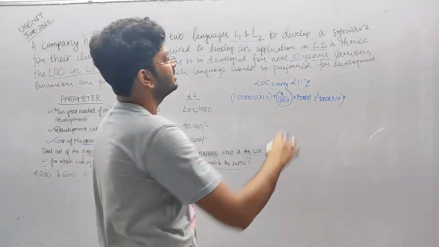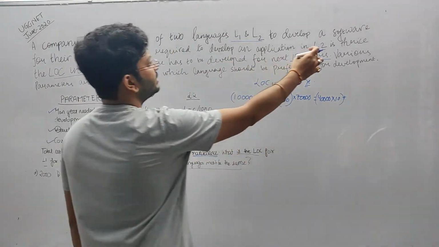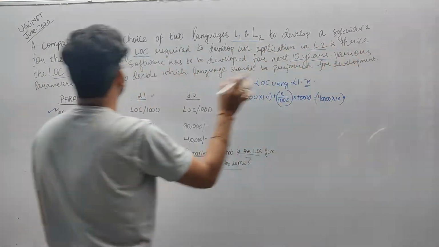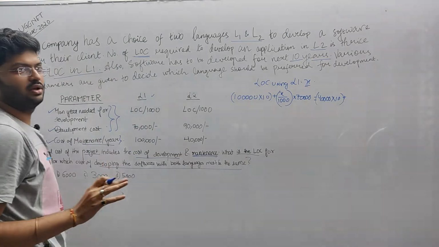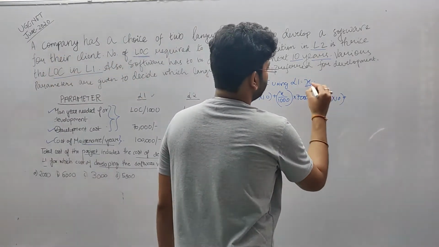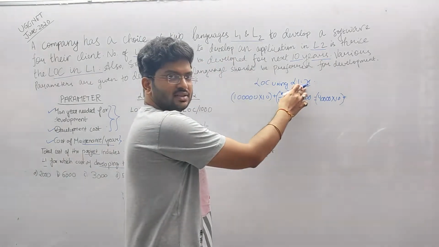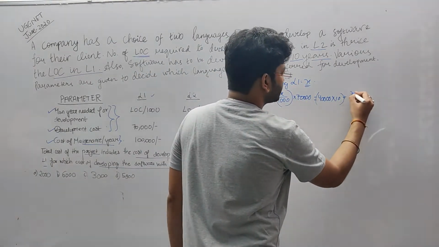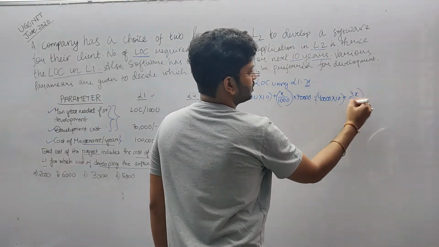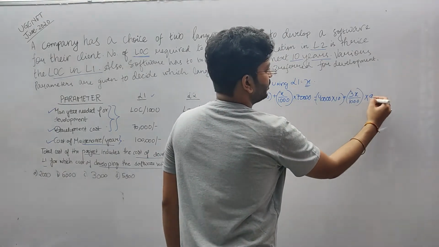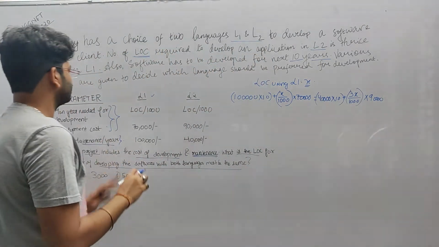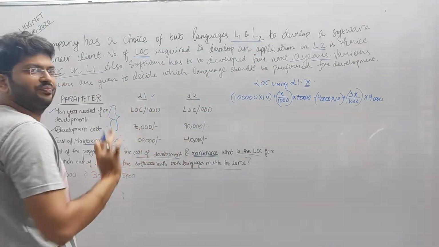It is given that in L2 the lines of code required to develop an application is thrice the LOC in L1. If in L1 it is X, then for L2 it will be 3x. So it is 3x by 1000 into 90,000, because the development cost is 90,000 for L2.